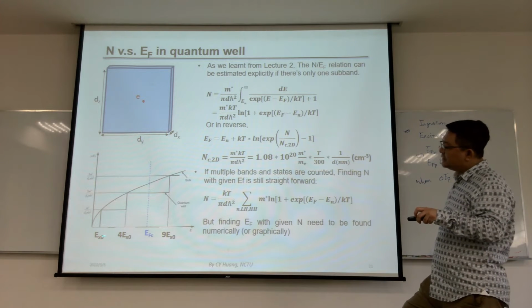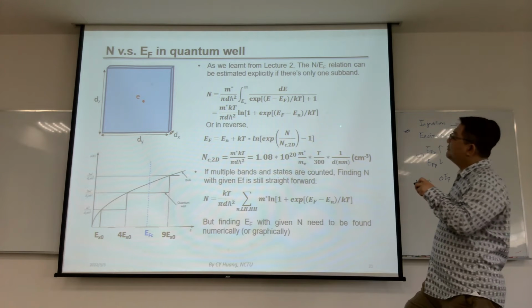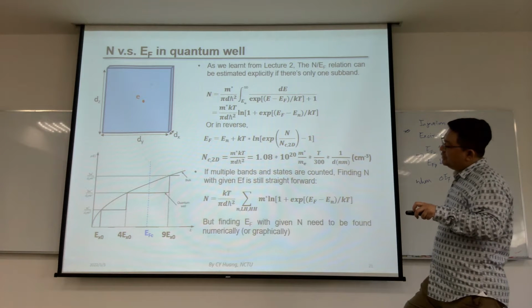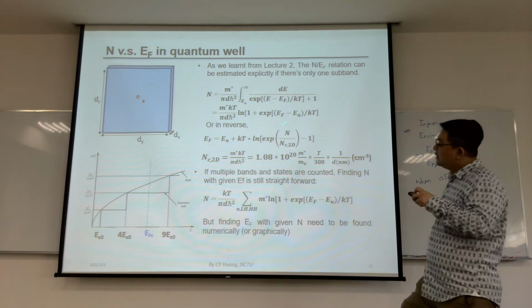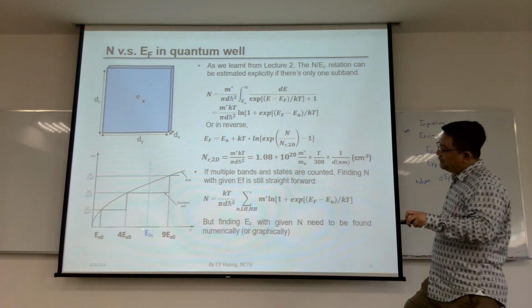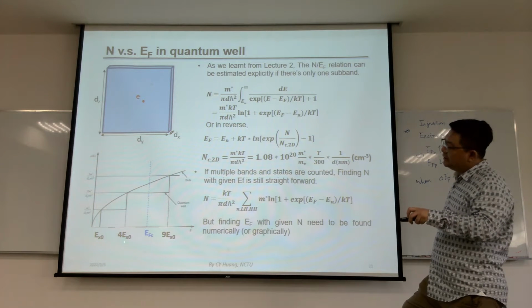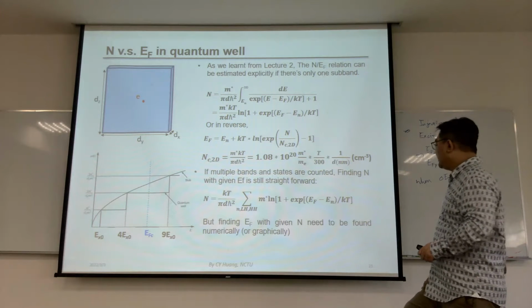We already know it's more than the EX0, so this integration is meaningful. And then we integrate from the band edge to the infinity. That will give you a total carrier density. Alright, so if it is higher than the second level, probably you need to integrate from the new edge here again and adding them up.